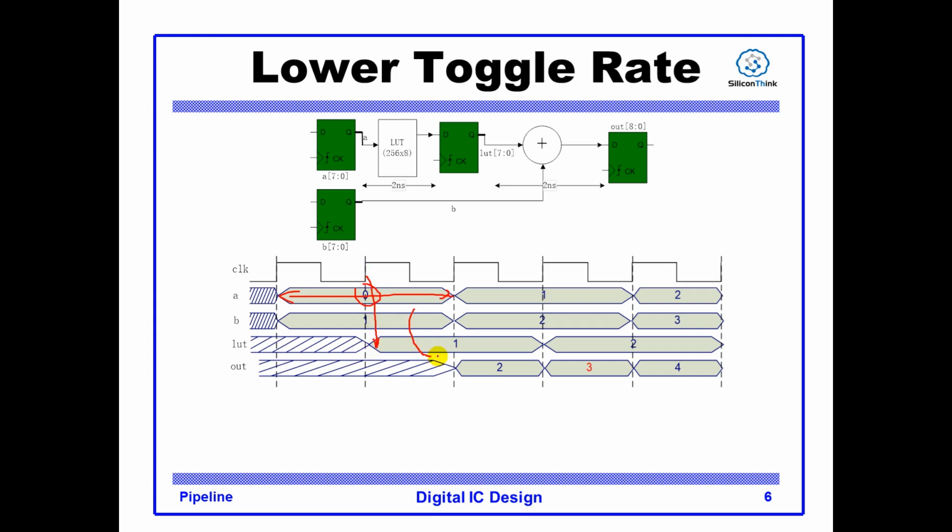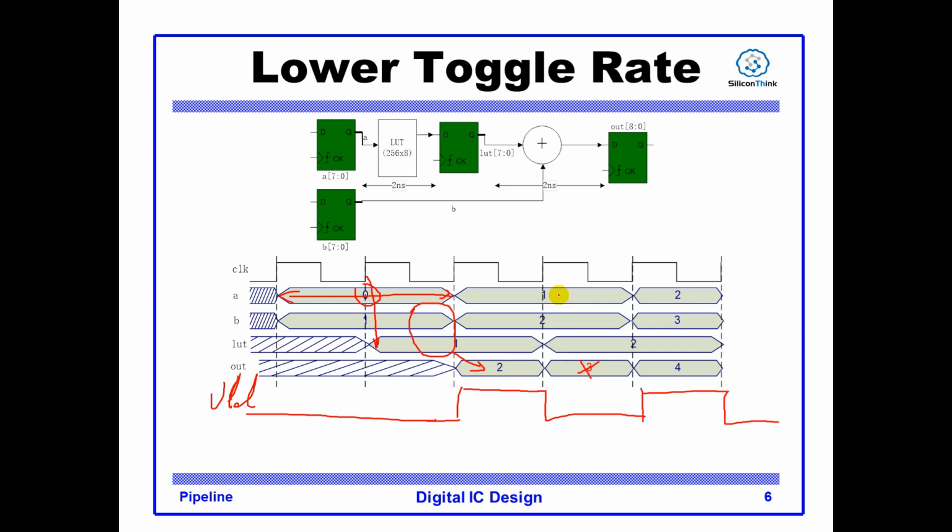Then the two added together yield 2. And there may be a garbage value here. We can just discard it by adding a valid signal to indicate which value is valid.